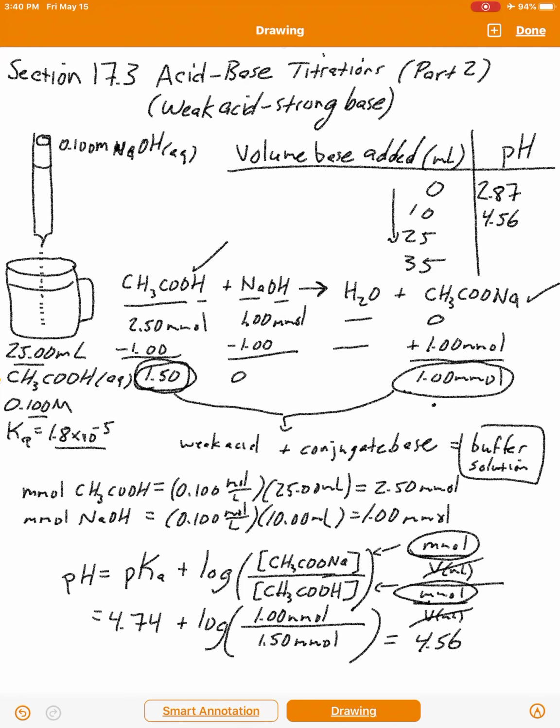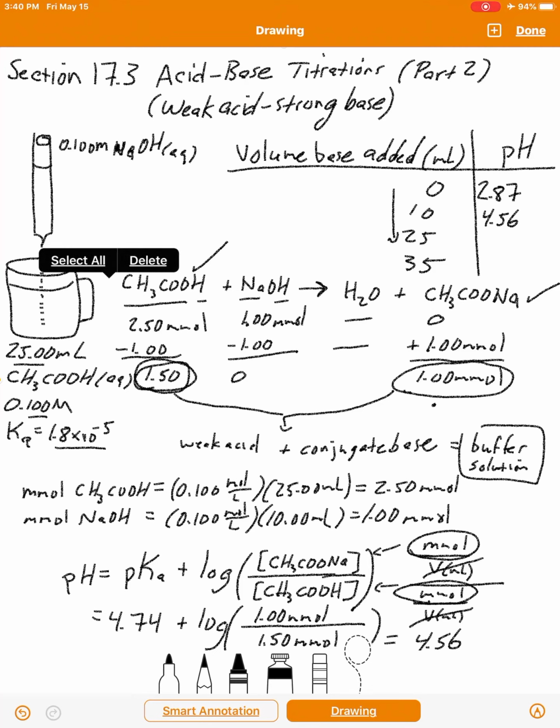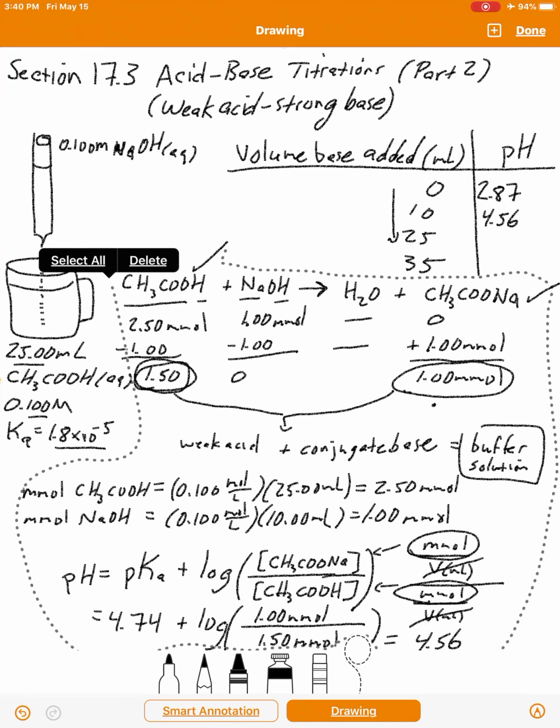Now the next calculation, I'm going to go ahead and erase all of this here so that we have room to work. And I'll rewrite the chemical equation.